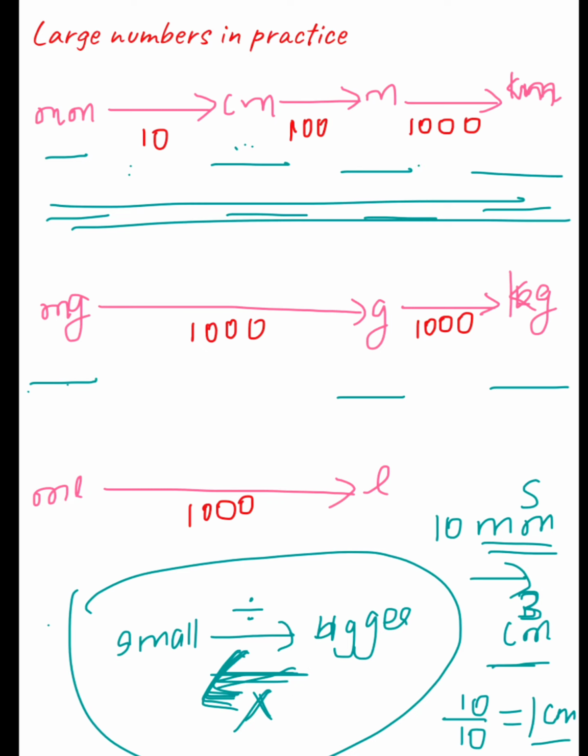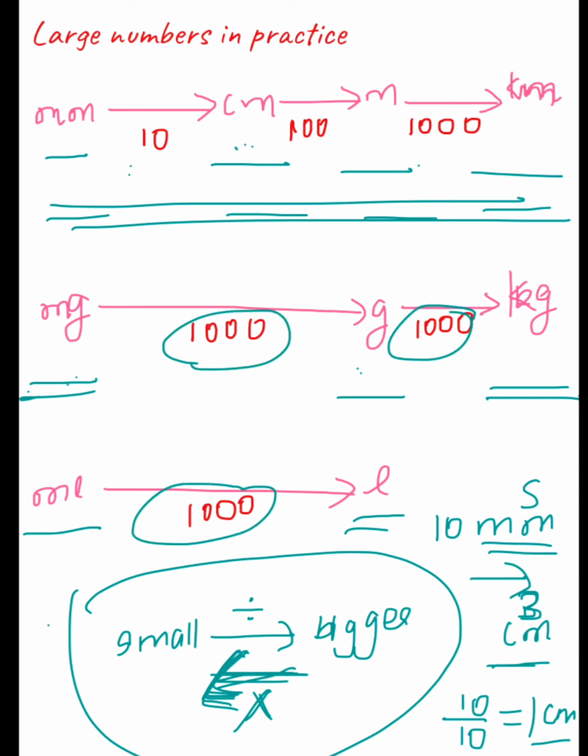Similarly, milligram to gram, gram to kilogram. Milligram is the smallest and kilogram is the greatest, and milliliter is the smallest and liter is the greatest. You need to remember these quantities in between: all these are 1000, here 10 and here 100. These are the things to keep in mind while converting, and you will understand this conversion while doing certain examples.